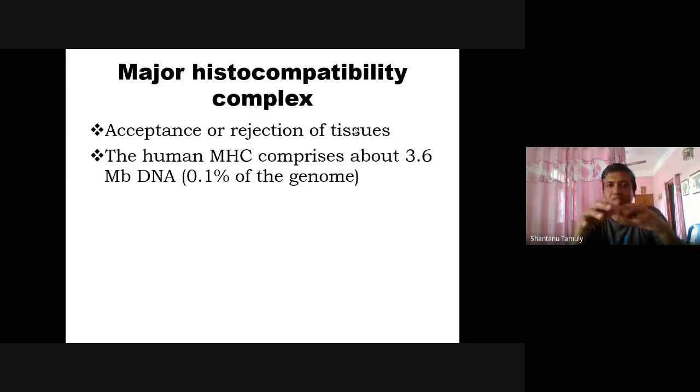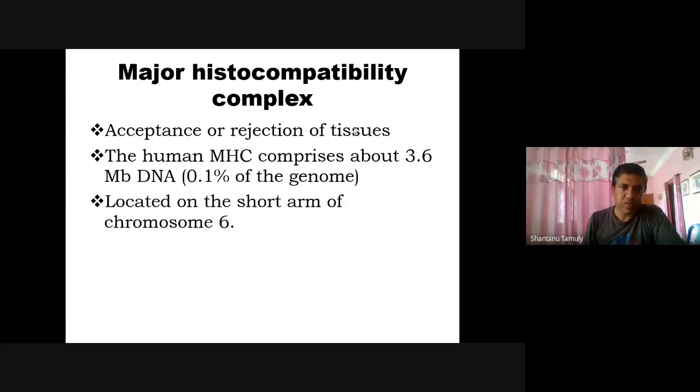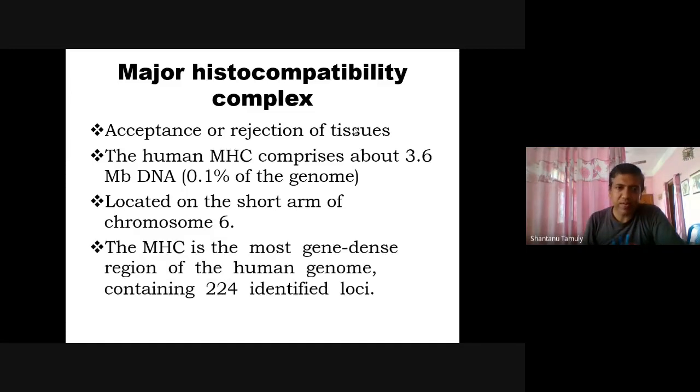This protein is responsible for acceptance of new tissue or cell in a human or animal body. In human beings, the MHC genes are located in the short arm of chromosome 6, and MHC is the most gene dense region of the human genome.